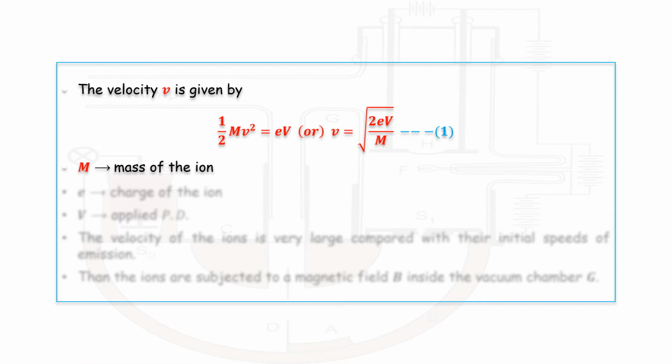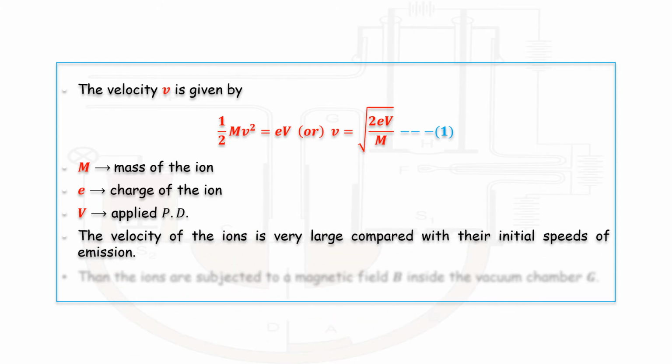Here capital M represents the mass of the ion, small e indicates the charge of the ion, and capital V represents the applied potential difference. The velocity of the ions is very large when compared with their initial speeds of emission.